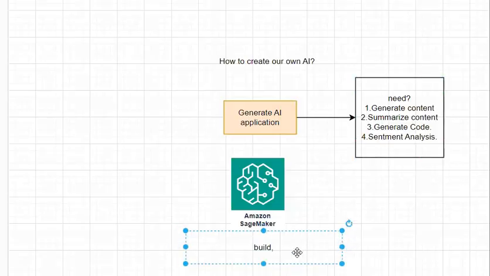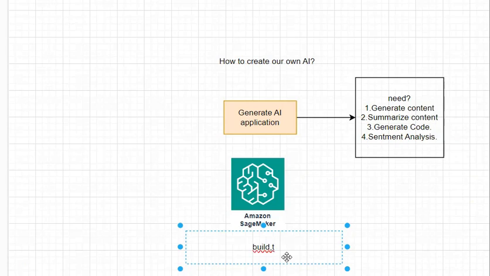By using the Amazon SageMaker service, we can build our generative AI application, and we can train it as well. After training, we can even test our generative AI application, and we can deploy our GenAI applications in the Amazon SageMaker service.